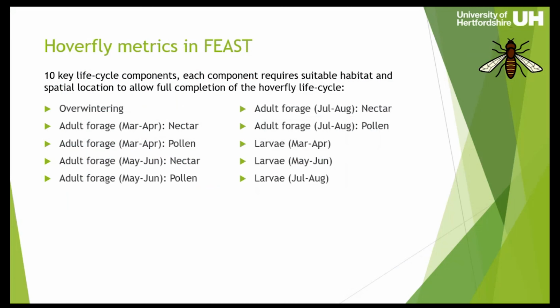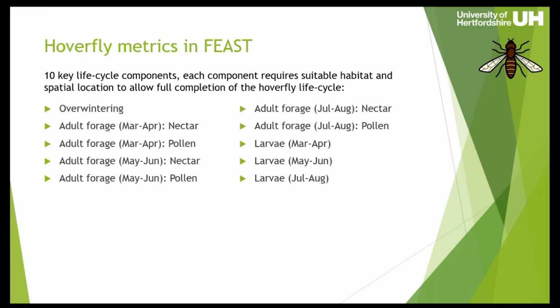So within Feast, whereas we had the 3 life cycle components with the grey partridge, we've now got 10 life cycle components, which account for each of the processes I've just mentioned, based on Paul and Laura's habitat complementarity model for hoverflies.